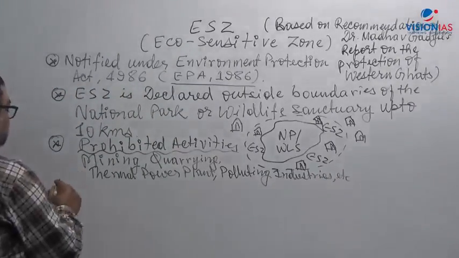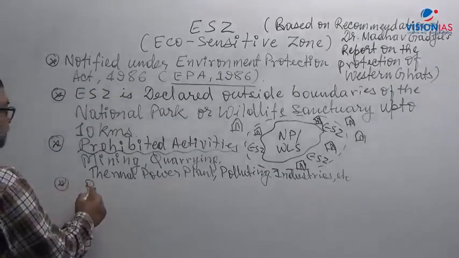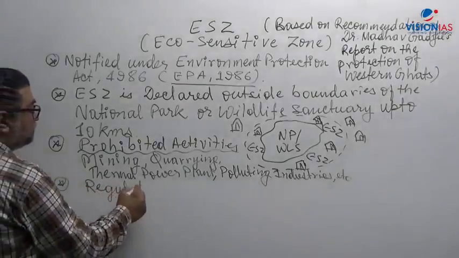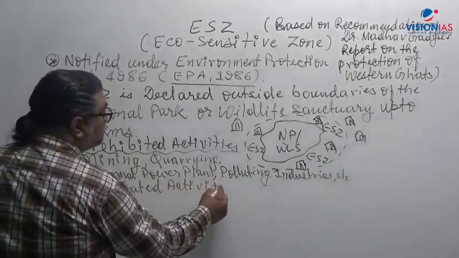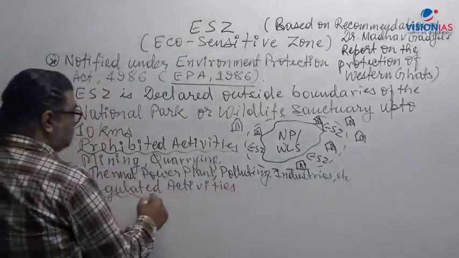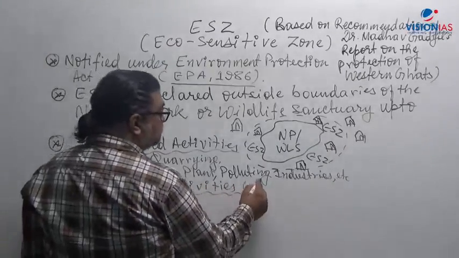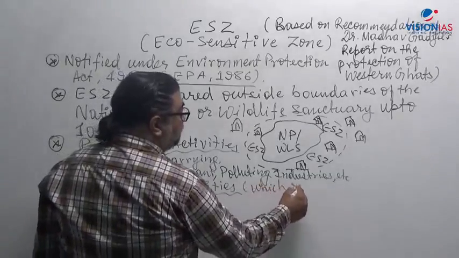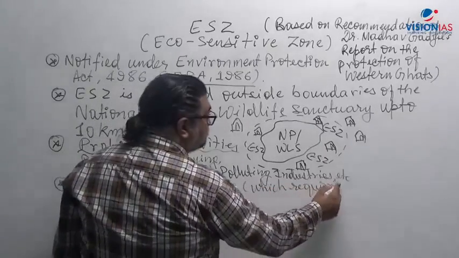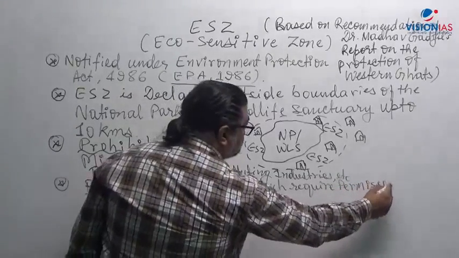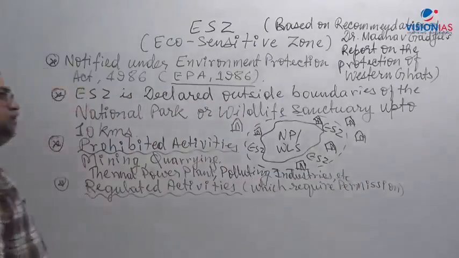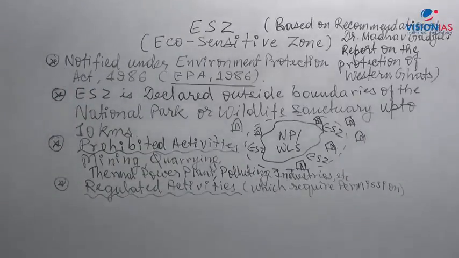Then what comes here? Regulated activities which require permission. They are controlled with permissions. Permission of the government. What are those activities?